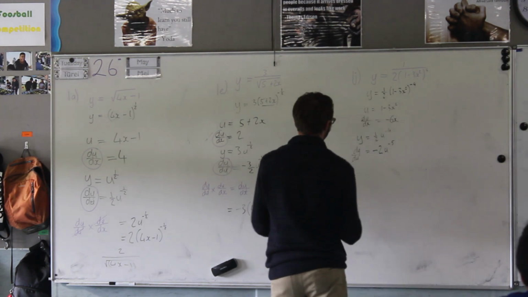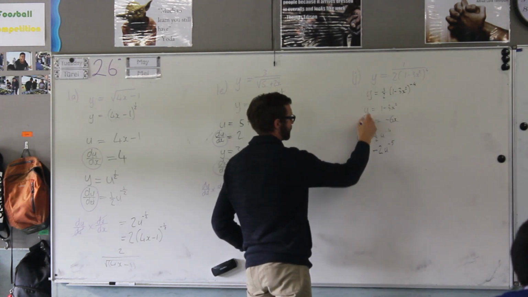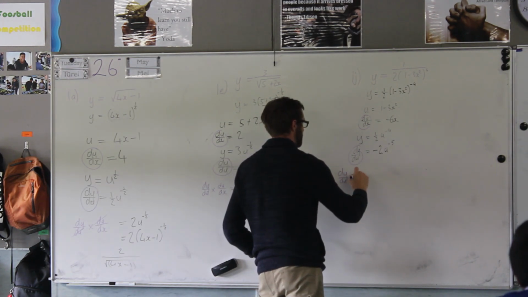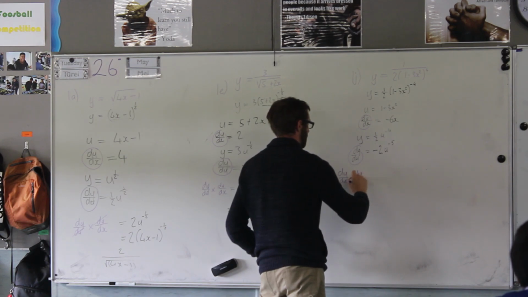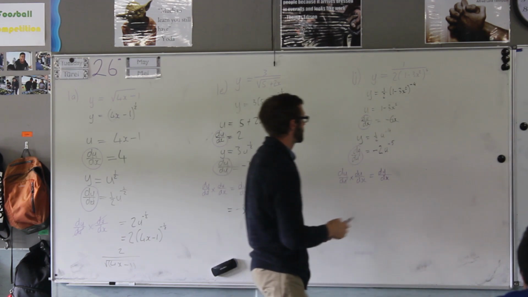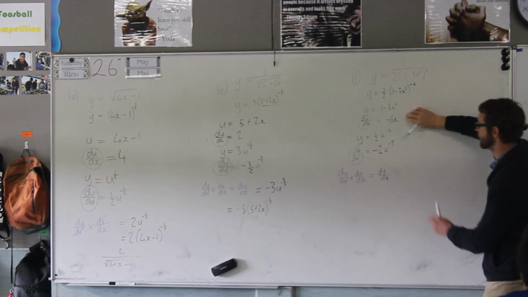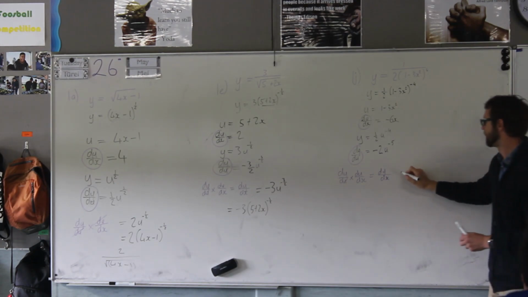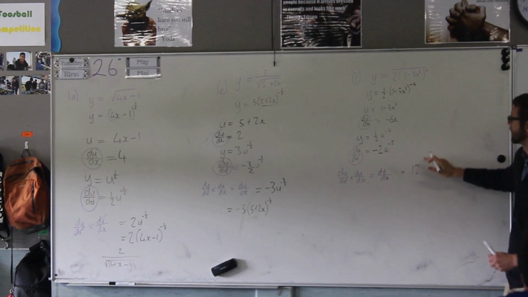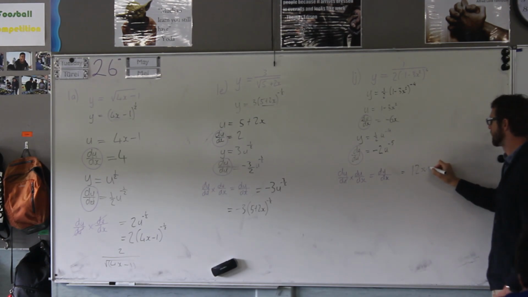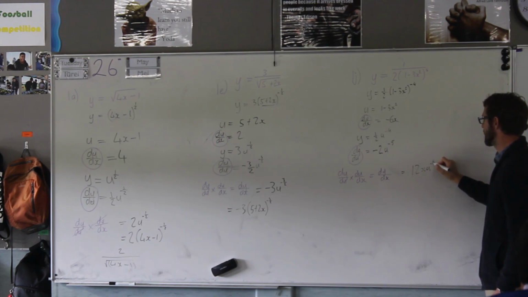Now once again, chain rule, so dy du multiplied by du dx gives us what we want, which is dy dx. In this case, we're going to have this times this. Negative 6x times negative 2 is positive 12x, times u to the minus 5.